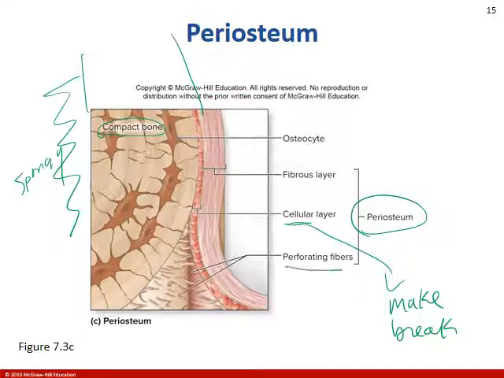We have perforating fibers. These little fibers actually allow the periosteum to stay in contact with the bone, so there's no slippage. Then we have a fibrous layer, and all of this makes up the periosteum. Inside the bone, we're going to see this term osteocyte. So this is a bone cell.